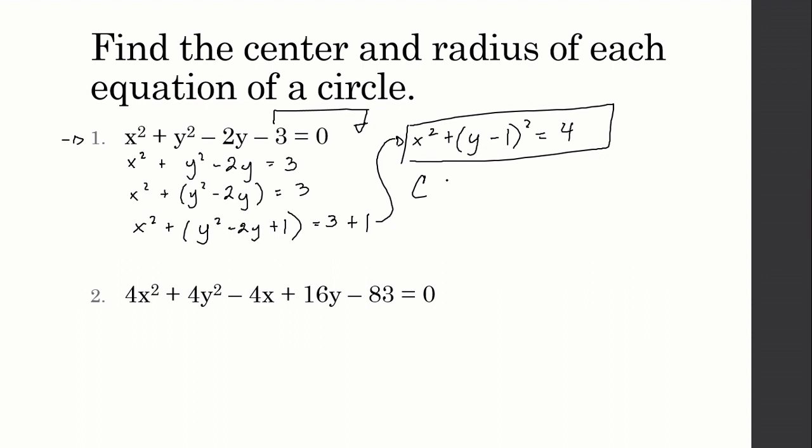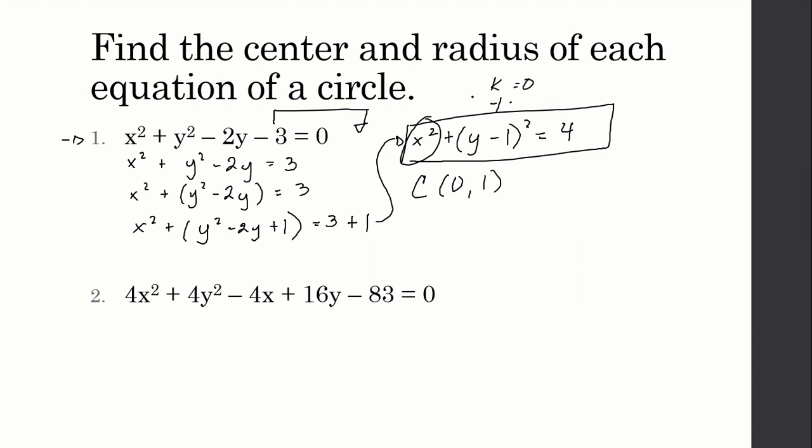So for the center, we have 0, knowing that we only have x for the x squared term, and 1, because the k here is negative 1. So h, k is 0, negative 1.